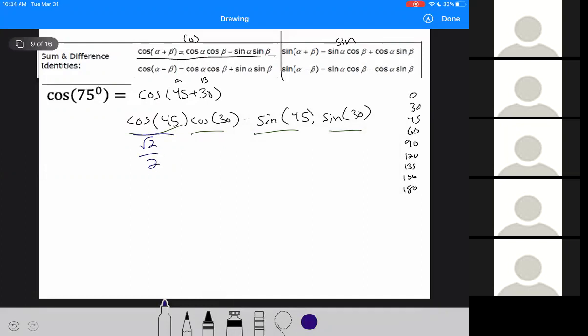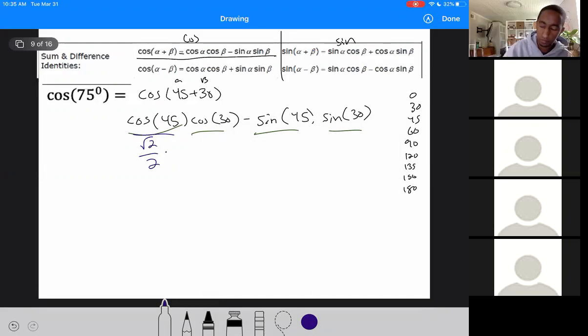So that's being multiplied by, what's cosine of 30? Square root of 3 over 2. All right. Thank you. Minus sine of 45. Square root of 2 over 2. Awesome. And sine of 30. 1/2. Awesome. Great.